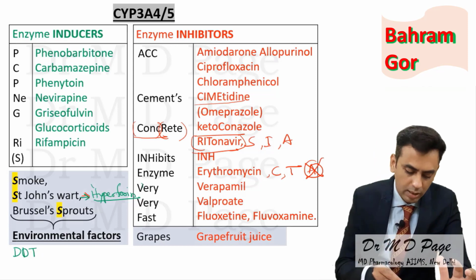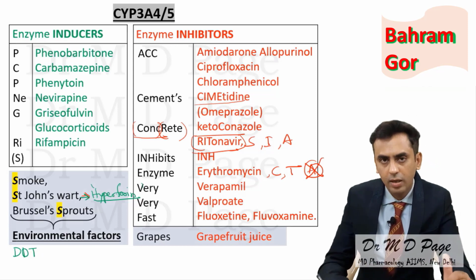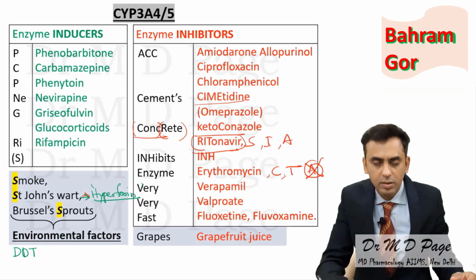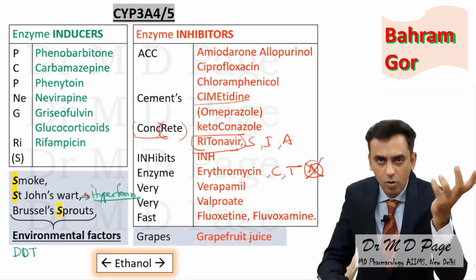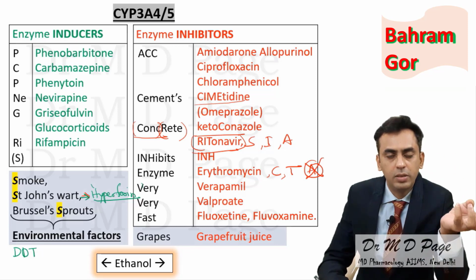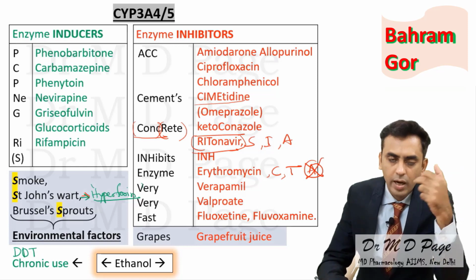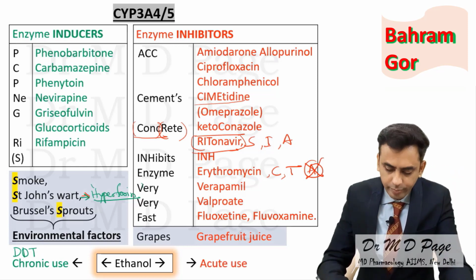So these are the enzyme inducers and these are the enzyme inhibitors. And special things need special mention, like alcohol, it acts as both inducer as well as inhibitor. Inducer at chronic dosing and inhibitor in acute dosing.